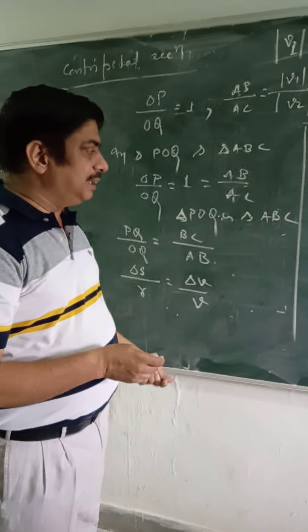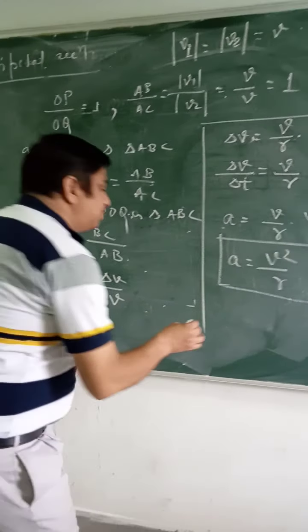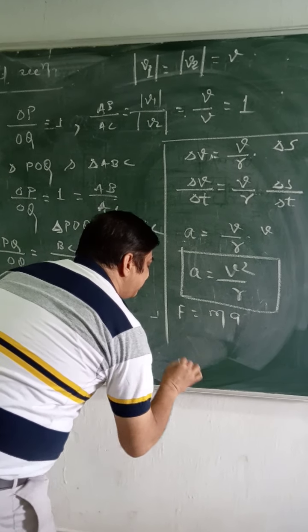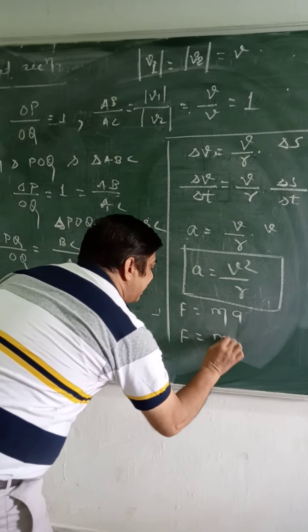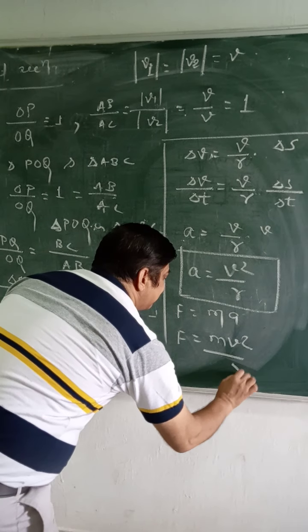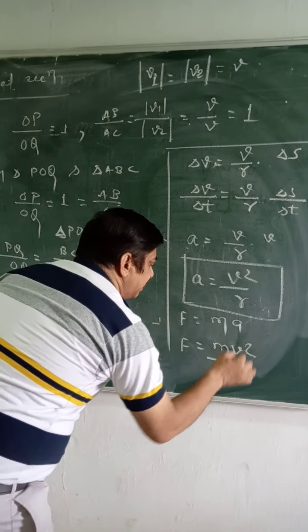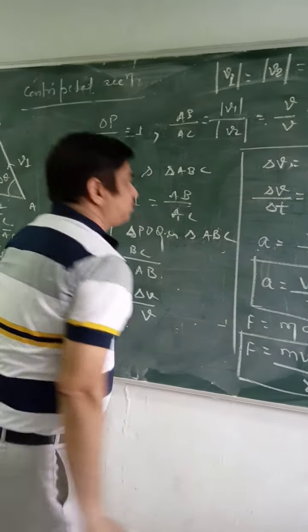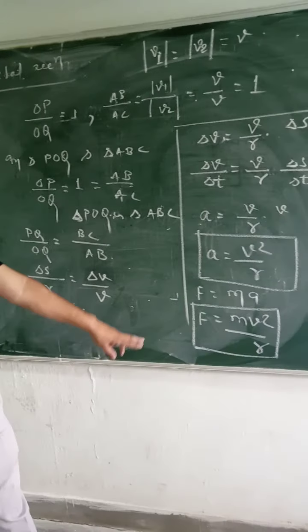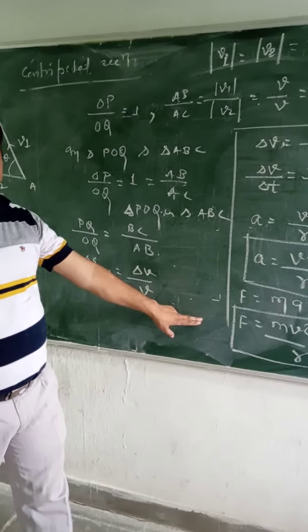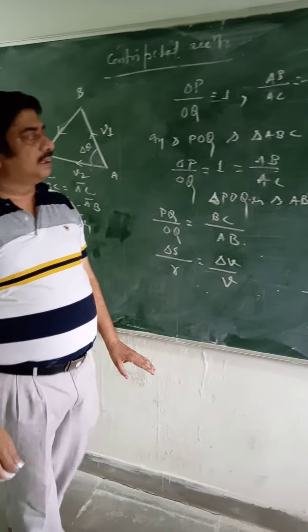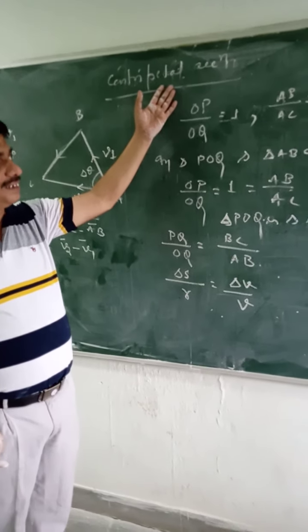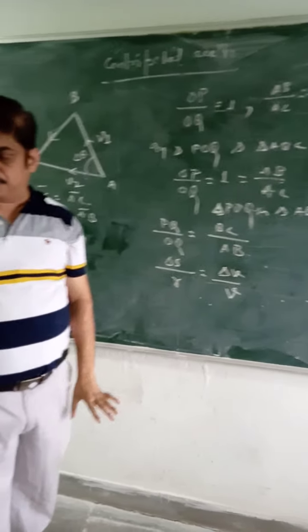Similarly, we know that force is equal to mass into acceleration. So now the force is mv square by r, just put the value of a here. This is called centripetal force. So you have learned about centripetal acceleration and centripetal force.